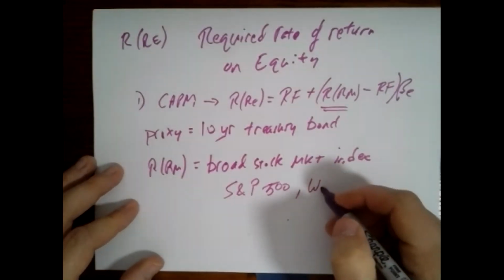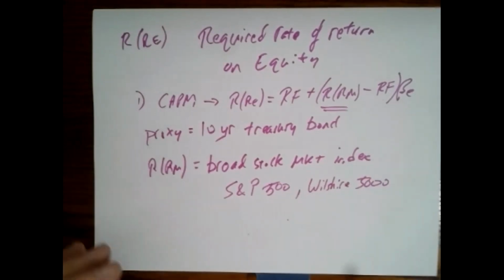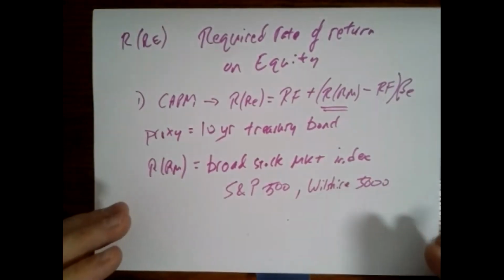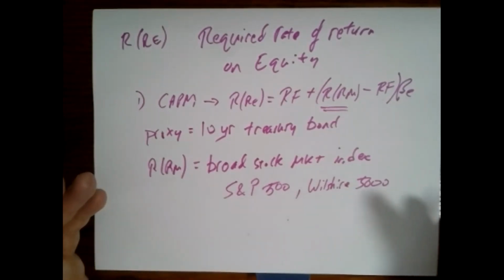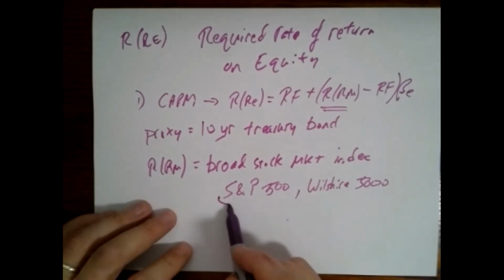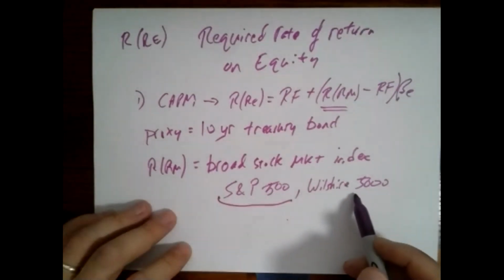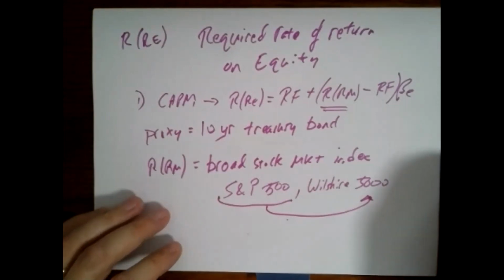The other one that I've used is the Wilshire 5000, which is based on the stock prices of all the 5,000 stocks that are generally publicly traded in the United States. The S&P 500 is one component of the Wilshire 5000.